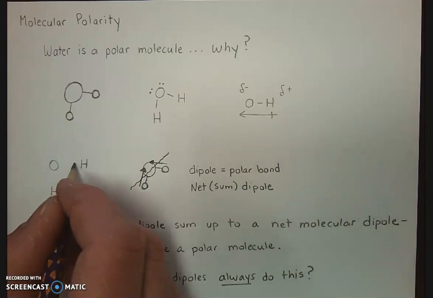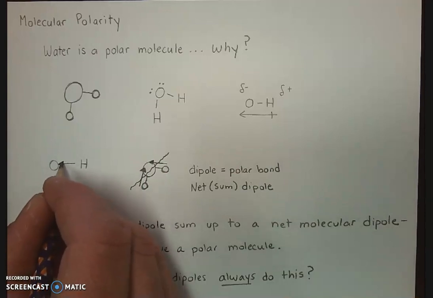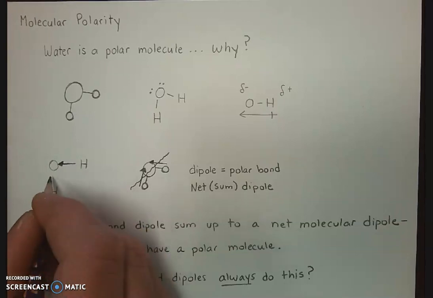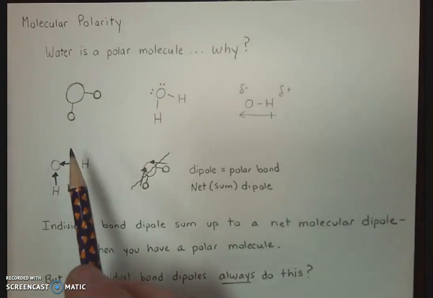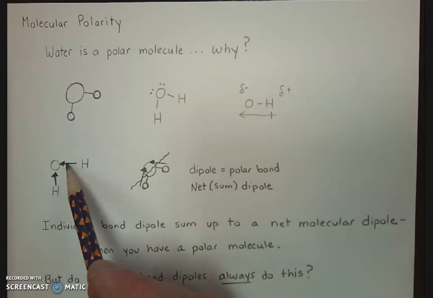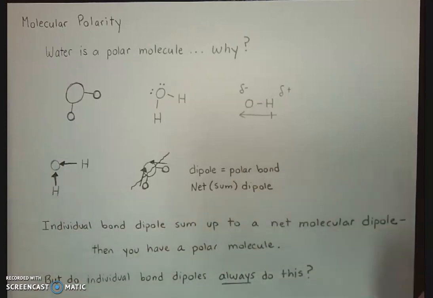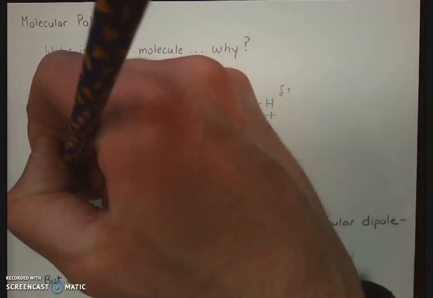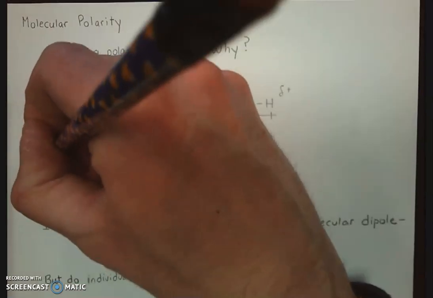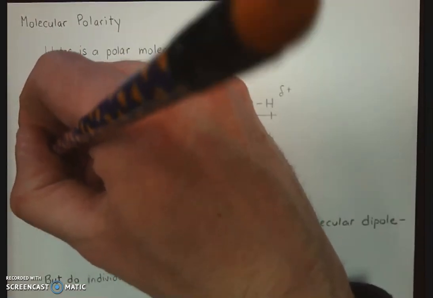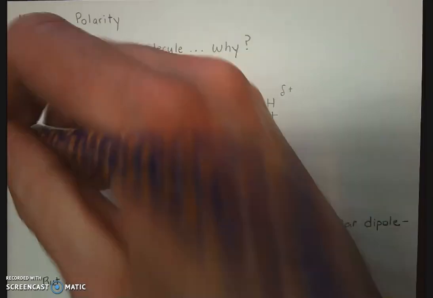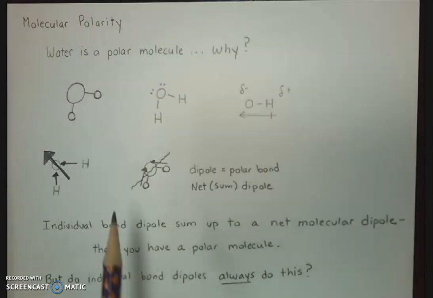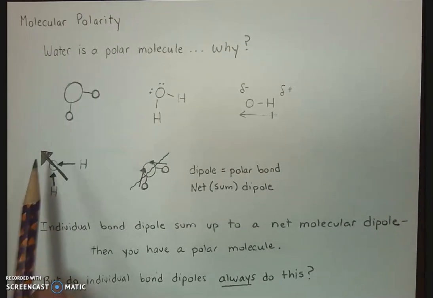These arrows represent the individual bond dipoles, the pulling of electrons toward that oxygen atom. But these 2 arrows would result in a total or net or sum dipole that would look like this. So there's an overall net motion of the electrons diagonally upward to the left.